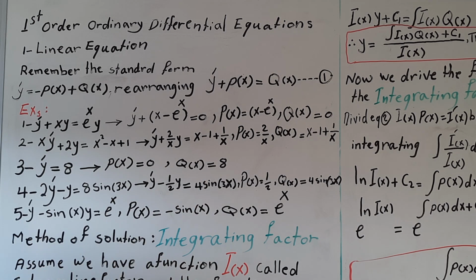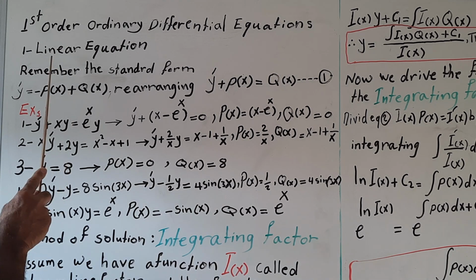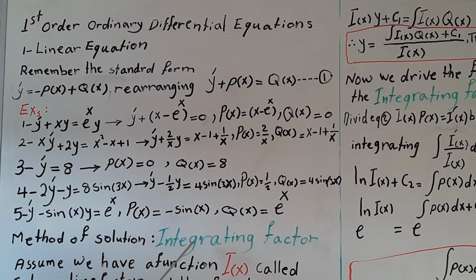We just rearrange the equations, taking common factor or moving from one side to the other side of the equations, and we get this. Method of solution. The best method for this linear equation is the integrating factor.